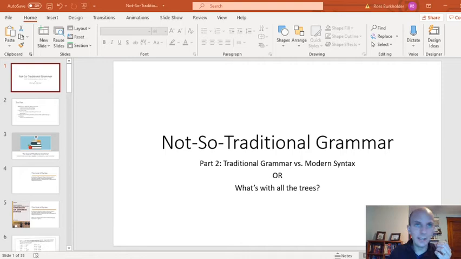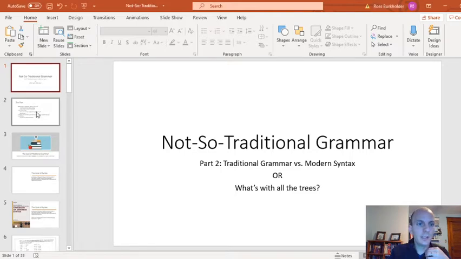But here we find actually a more, in some ways valuable, more apples to apples comparison, comparing traditional grammar with modern syntax. These are both systems for describing the rules with which we build sentences in English. Both traditional grammar and modern syntax, that's their domain. So now we're finally sharing a domain.